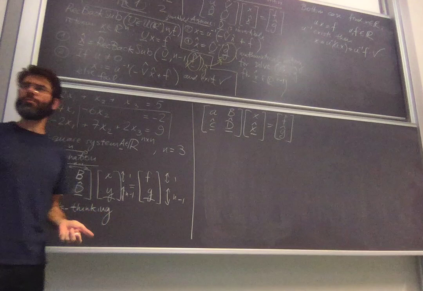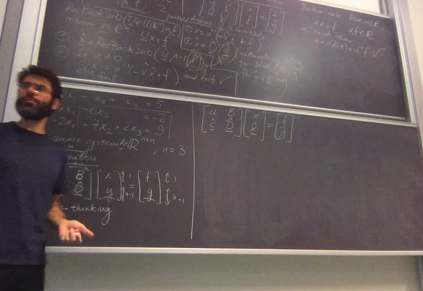Let's review a little bit what we did from an abstract point of view when we did Gaussian elimination. We took the matrix A and started transforming it by linearly combining the rows.